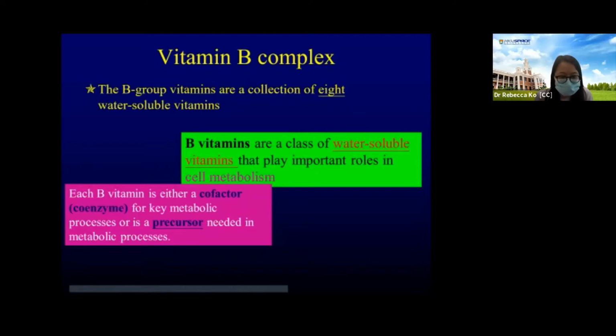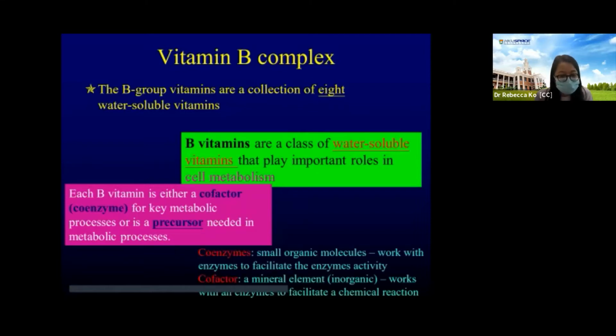Do you know what a coenzyme or cofactor is? I'll give you the additional information, just to remind some students who forgot. Coenzymes are organic molecules that work with enzymes. Cofactors are quite similar and work with enzymes to facilitate the chemical reactions inside our body.